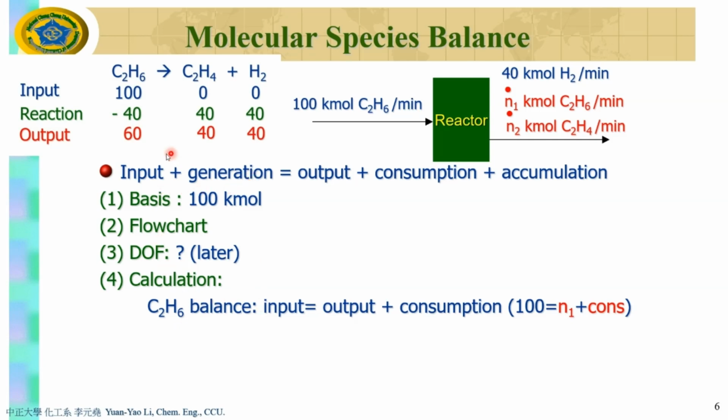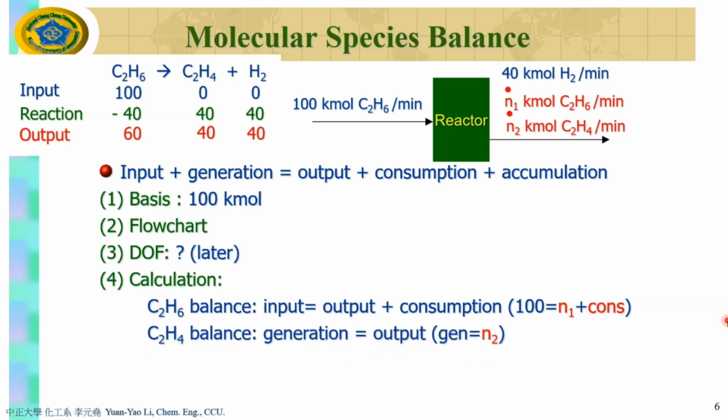The equation becomes input plus 0 generation equals output plus consumption. Input is 100, so 100 equals output, which is N1, plus consumption. We use CONS for short. This is equation 1.